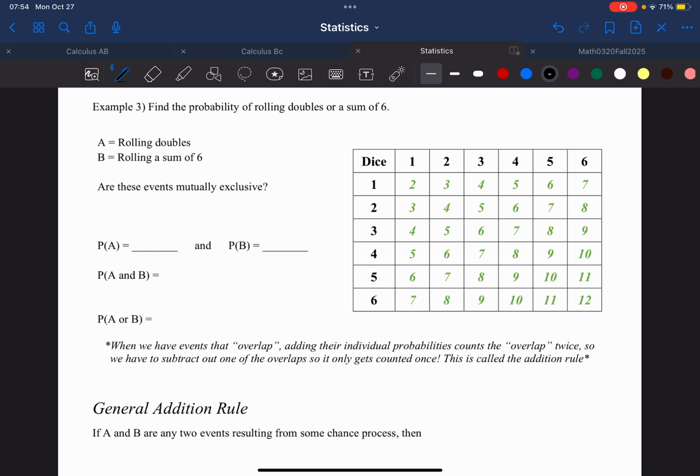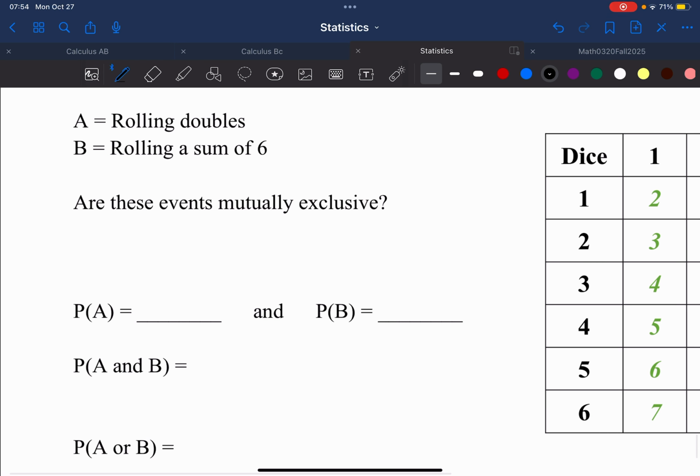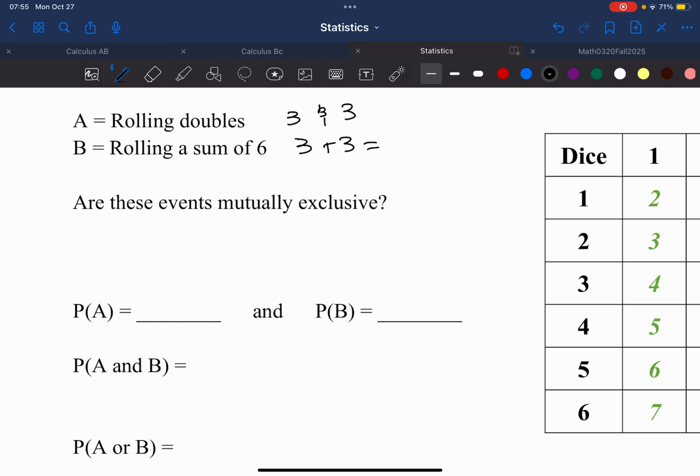So it says, are these mutually exclusive? Well, remember we said that rolling doubles and rolling a sum of 6 had one overlap. And remember that overlap was when we rolled a 3 and a 3. Those are doubles, but 3 plus 3 is equal to 6. So that was the overlap. And since we have an overlap, we would say no, it was not mutually exclusive.